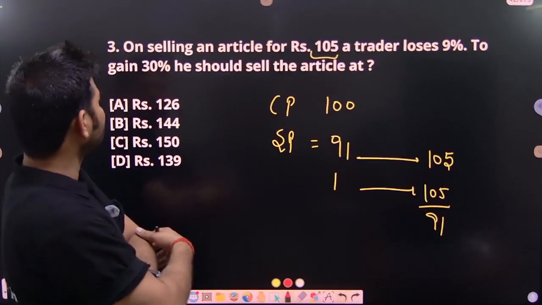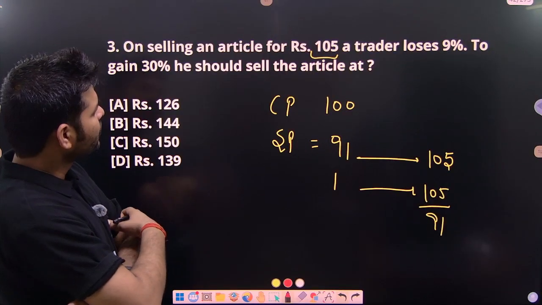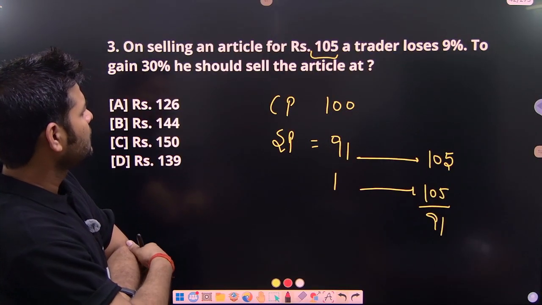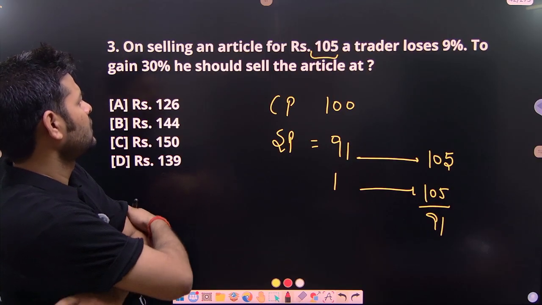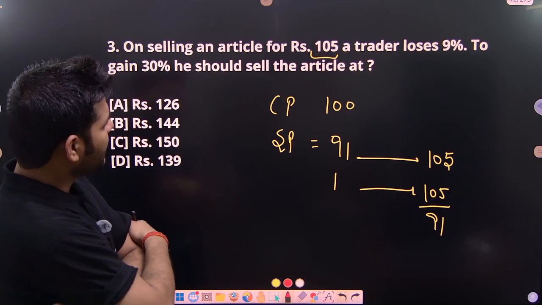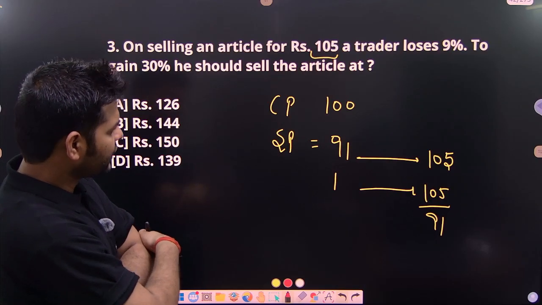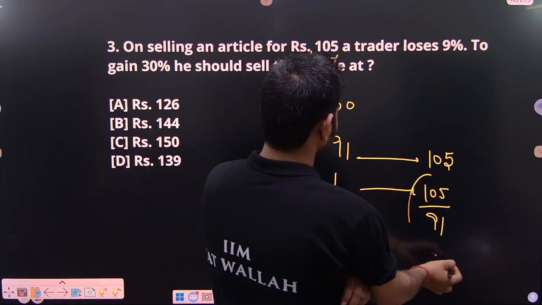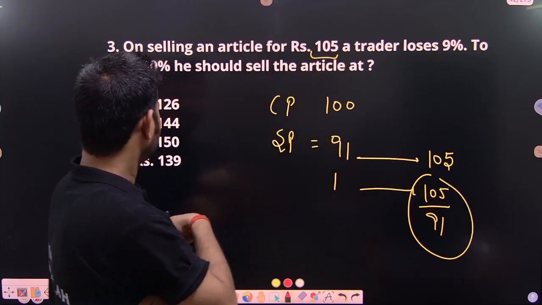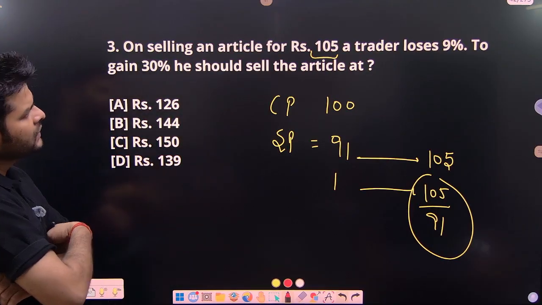To gain 30%, he would sell the article at, so basically 1 unit value would be this one, 1.15.